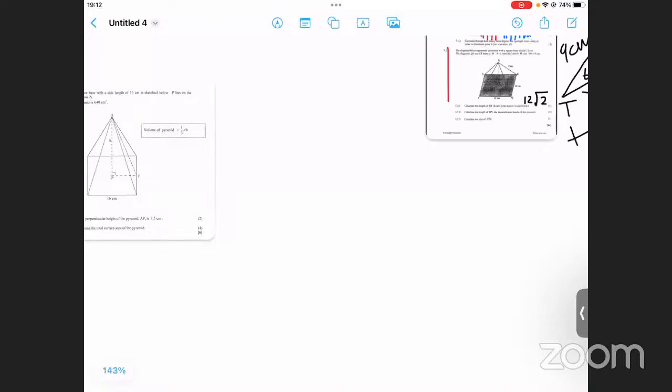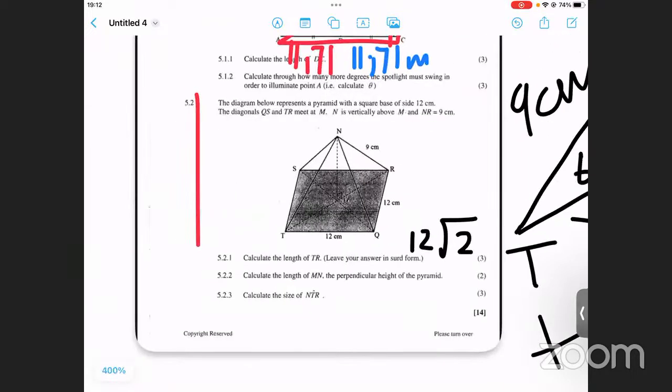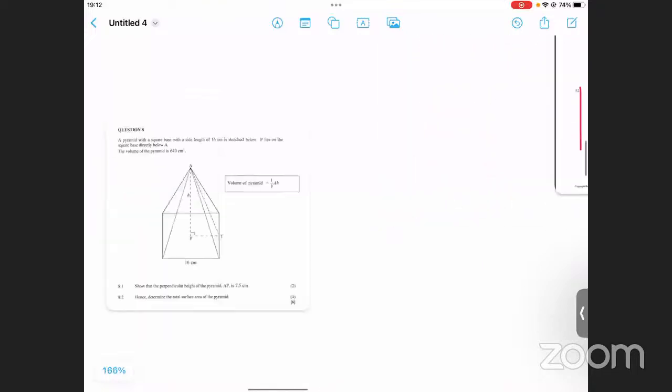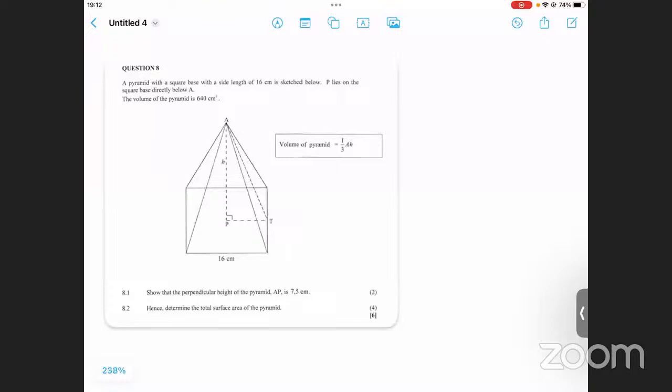Guys, I'm telling you, if you look at that, it's almost the same as what we did the previous lesson. The only difference may be the values, but otherwise, if you were able to attend and understand what we did on that other one, you shouldn't have problems understanding this one.